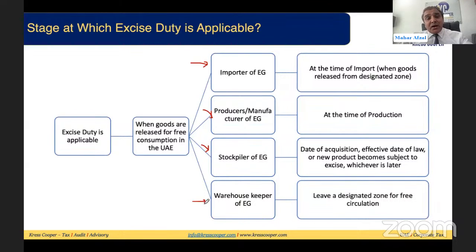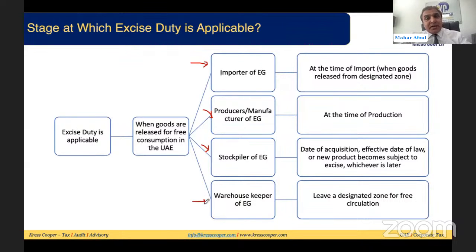And if the goods are moving from the ship into the designated zone and have not been released for free circulation on the mainland, then when the goods are released from the designated zone, the importer will be liable to account for the excise duty through the declaration. This is the first thing related to the importer.